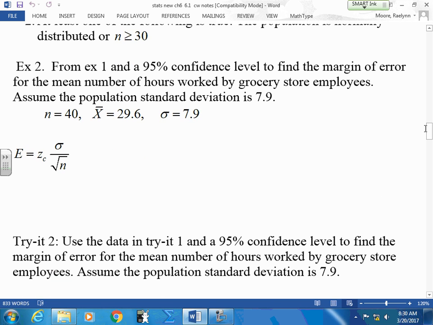In this example, from example one, we had those 40 workers. They had a mean of 29.6 hours. We know there were 40 of them. That's our n. We want to calculate your margin of error and find a confidence interval.